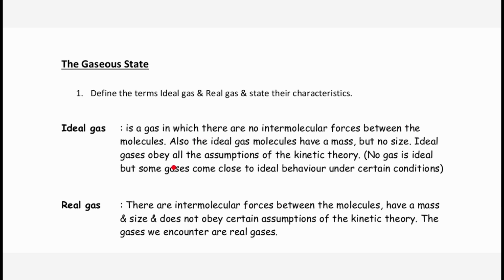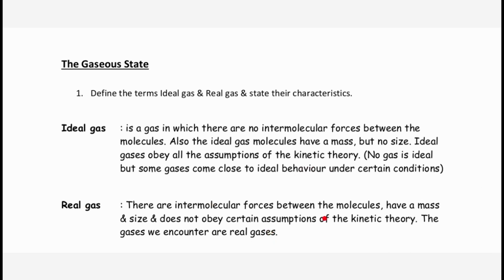There is a mass for real gas, there's a size, and real gases do not obey the assumptions of the kinetic theory. I'll be explaining what the kinetic theory is shortly, right? All the gases we encounter in real life are real gases.